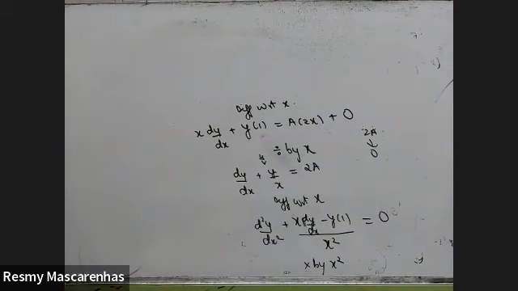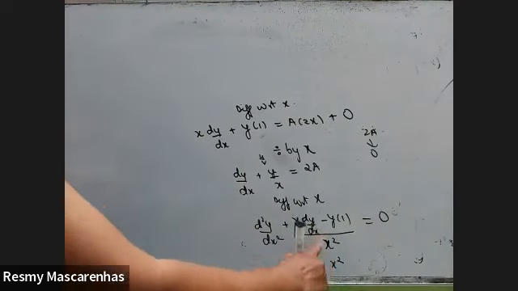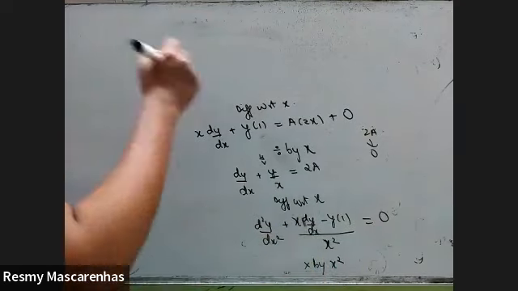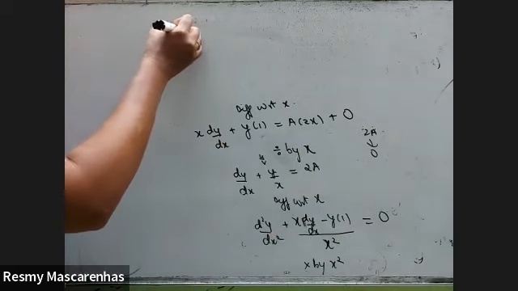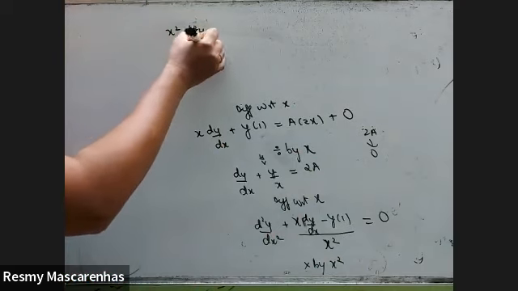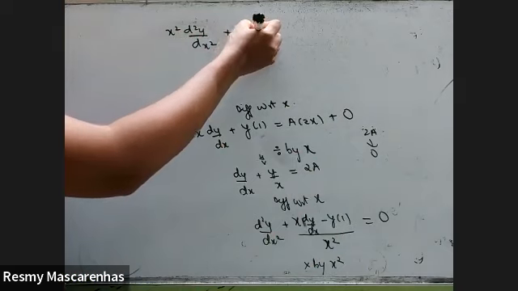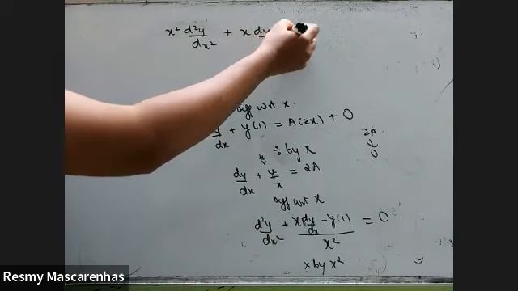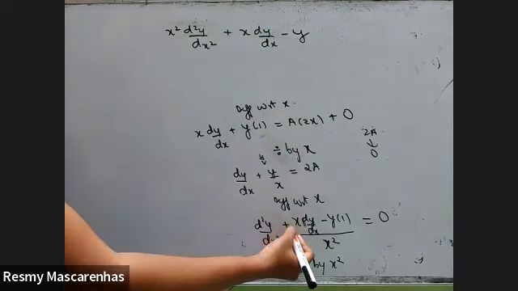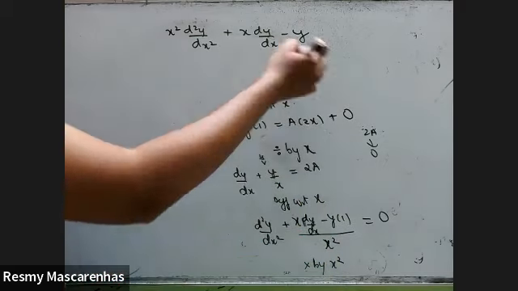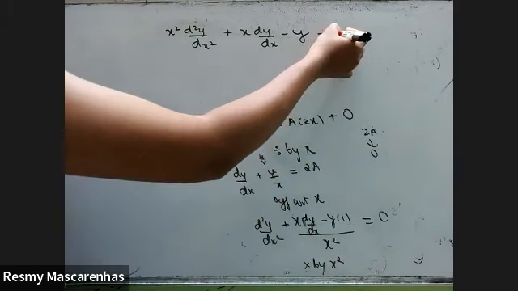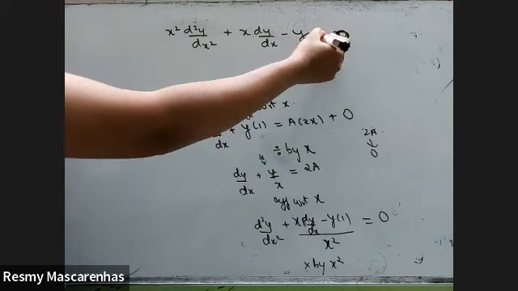I don't want to keep anything in terms of fraction. I want to get rid of this x square which is there in the denominator. So multiply throughout by x square. So answer will be x square. So when I multiply x square to this term, this will cancel and I'll get 0 into x square, which is anyways 0.